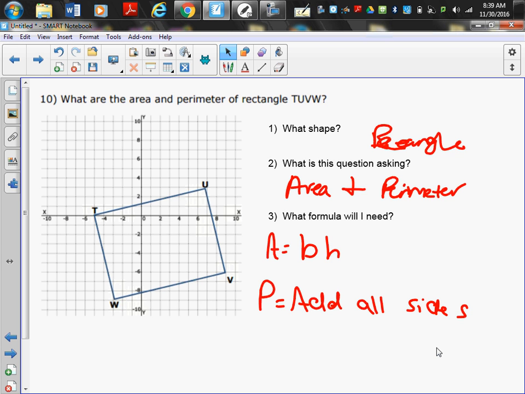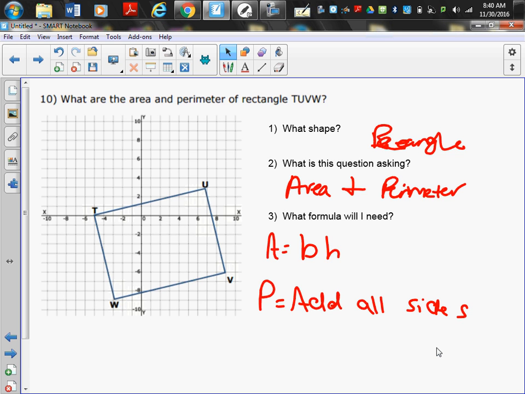All right. So I'm going to pause right here because we're fixing to take a break. And then I want you guys to think about this. Is there any other formula that I'm going to need? The distance formula? The what? The distance formula.